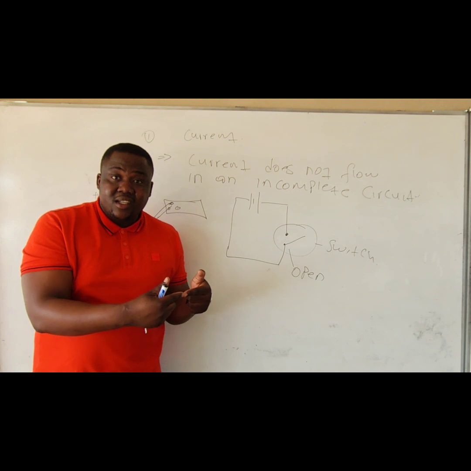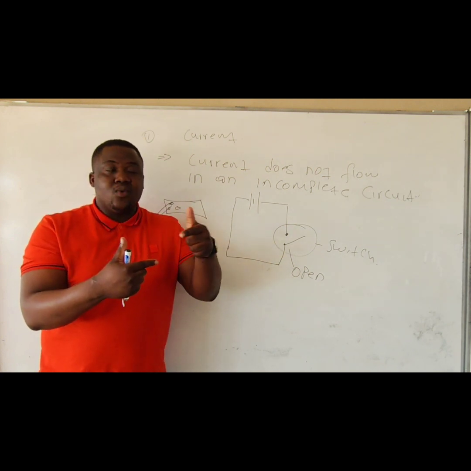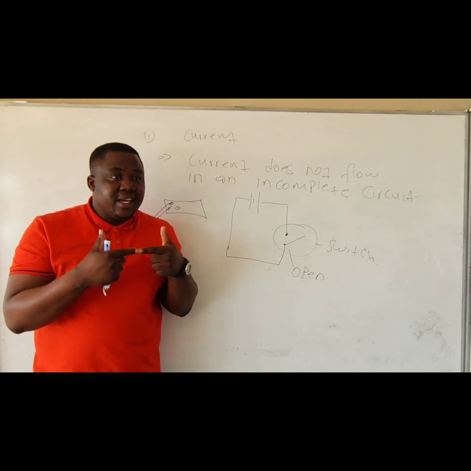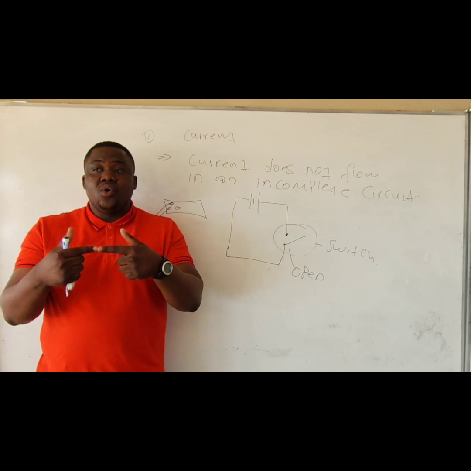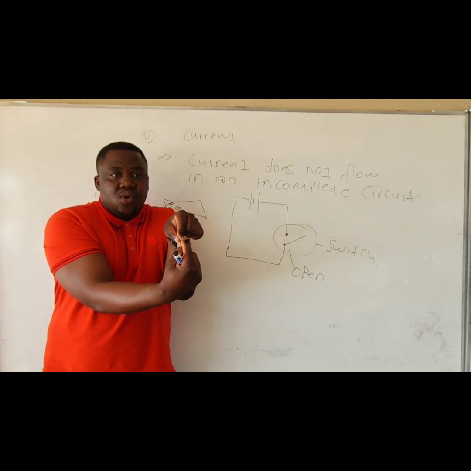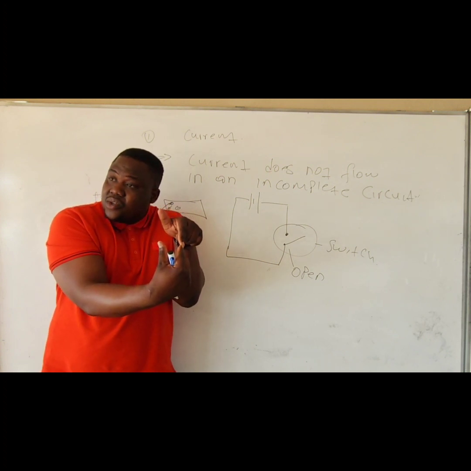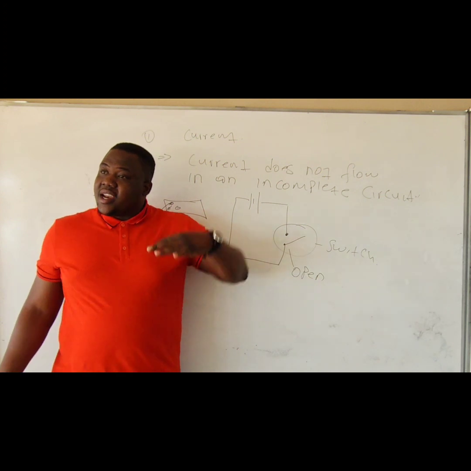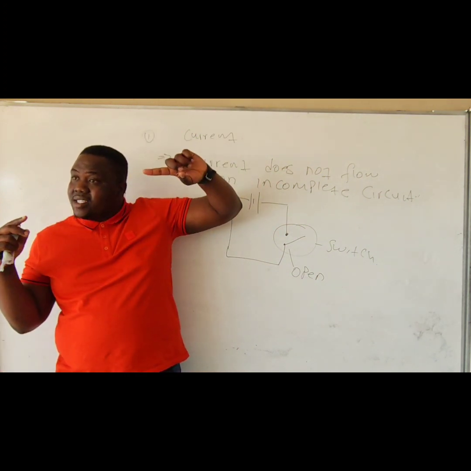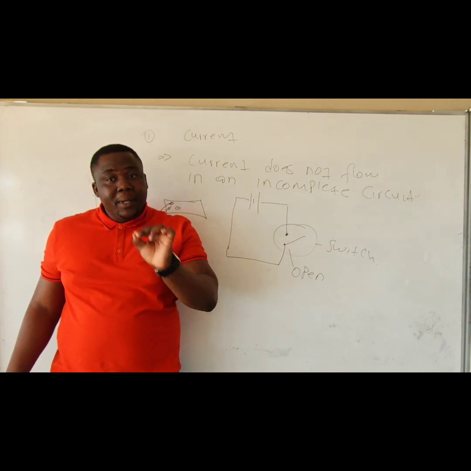You know that, right? Why? Because current does not flow in an incomplete circuit. In order for current to flow, the wires must not be separated, because current will only flow in a complete circuit.